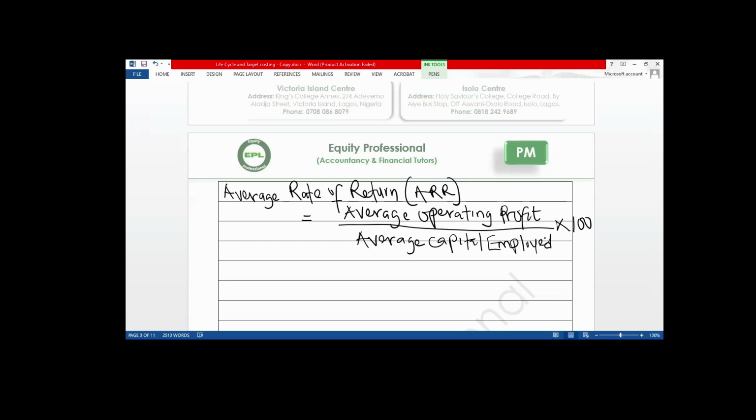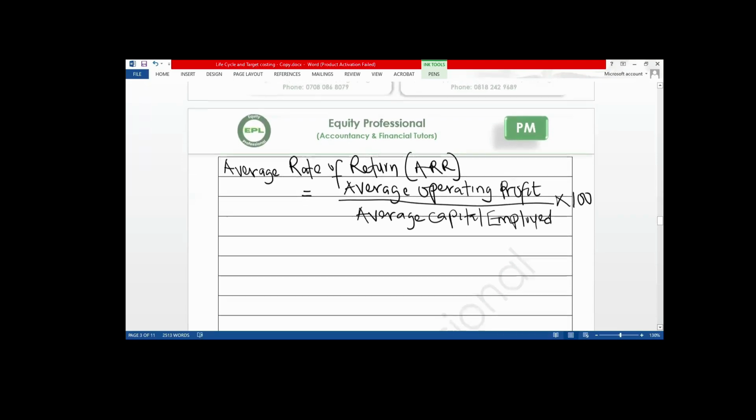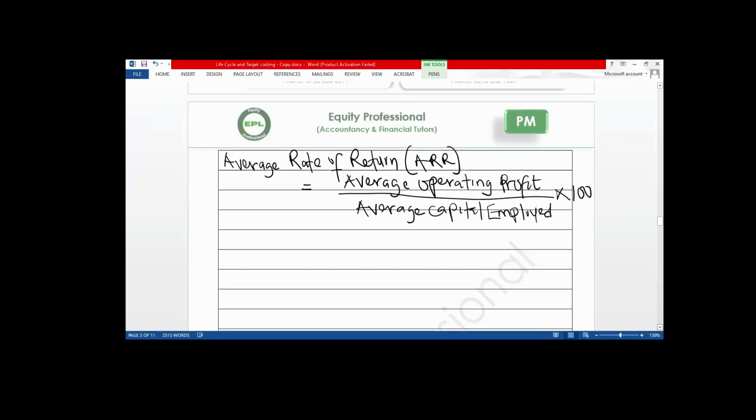Now, remember, you are given 2 years financial information. So you need to calculate average operating profit, working one. You can leave a space for my working one. I want to calculate average operating profit.